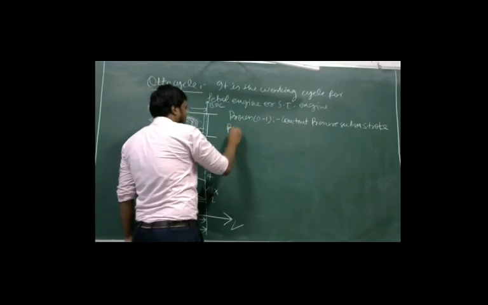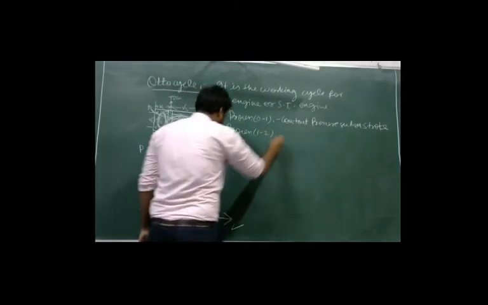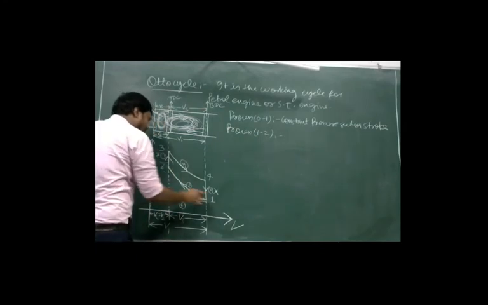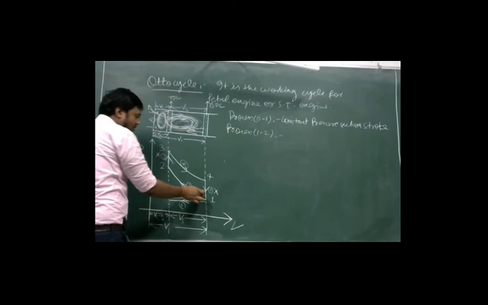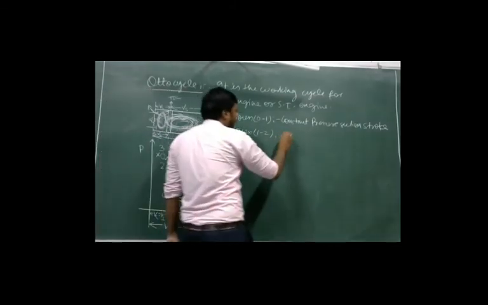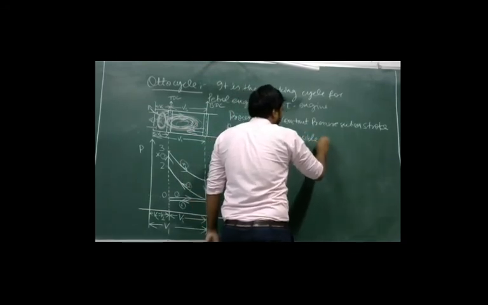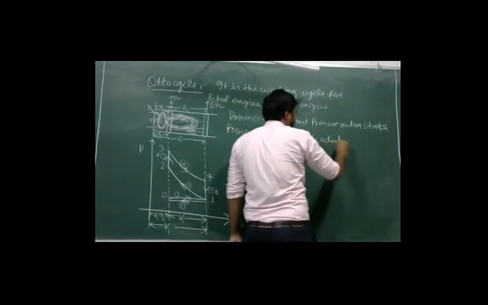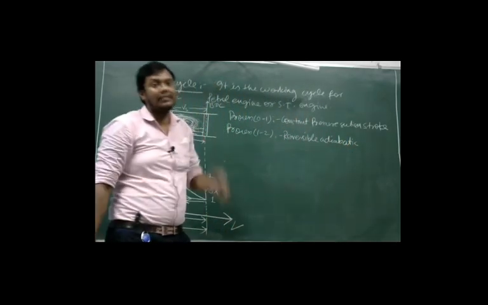From process 1 to 2, it is reversible adiabatic compression. I told you that it is an adiabatic process. From 1 to 2, it is reversible adiabatic compression. Reversible adiabatic is also known as isentropic process.